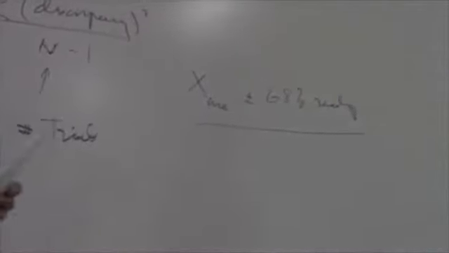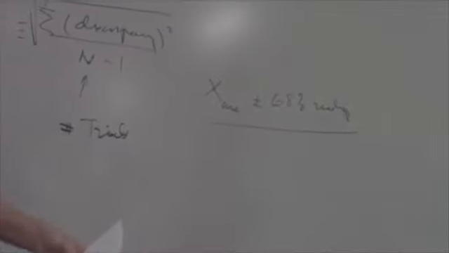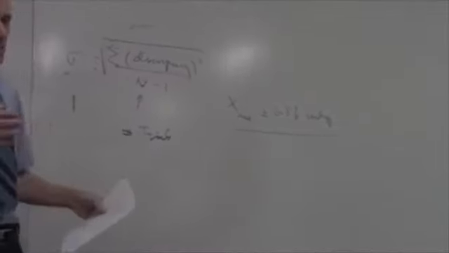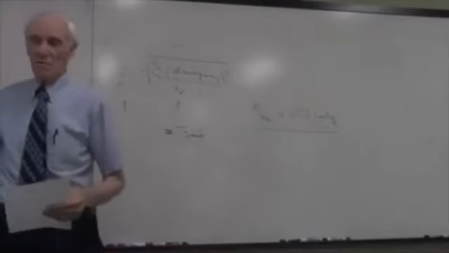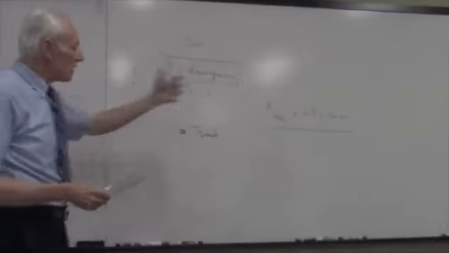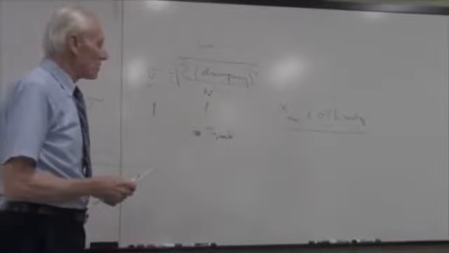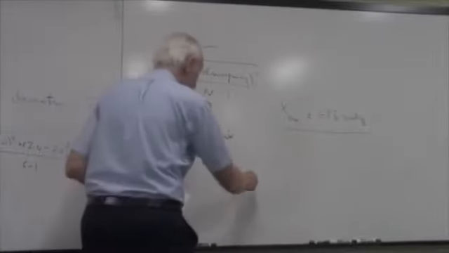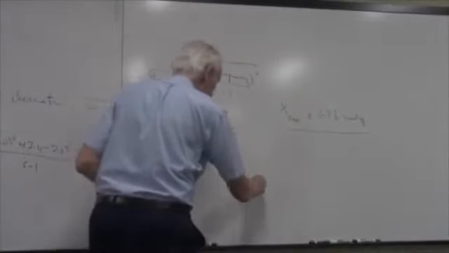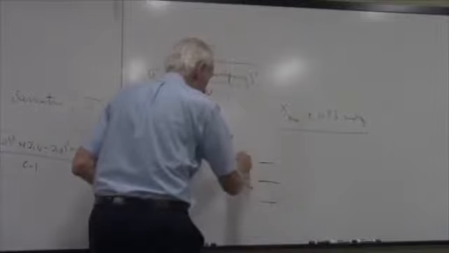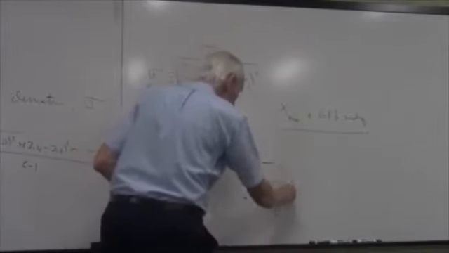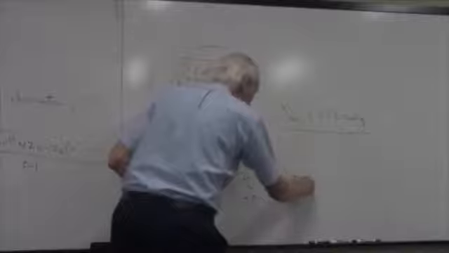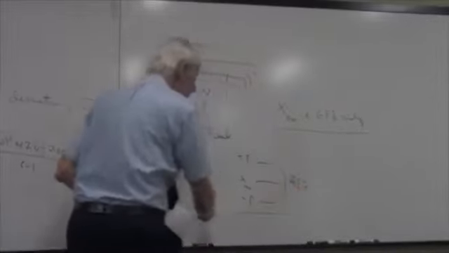Now, the maximum deviation, of course, includes 100% of your readings, because that's the way you define the maximum deviation. But this only includes roughly 2/3. This should come out roughly 3/4, and in the limit of large numbers, about 68% of your readings are included in this range. So you have your average value, and you have a range here, plus sigma and minus sigma, and 68% of all your readings fall in that range.